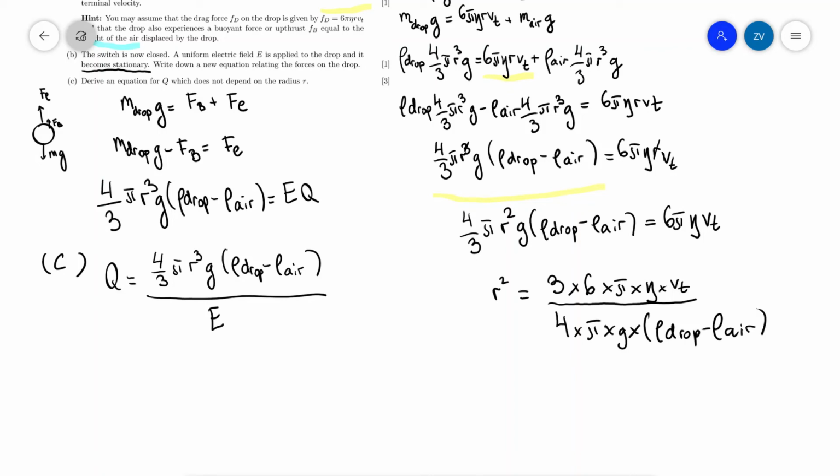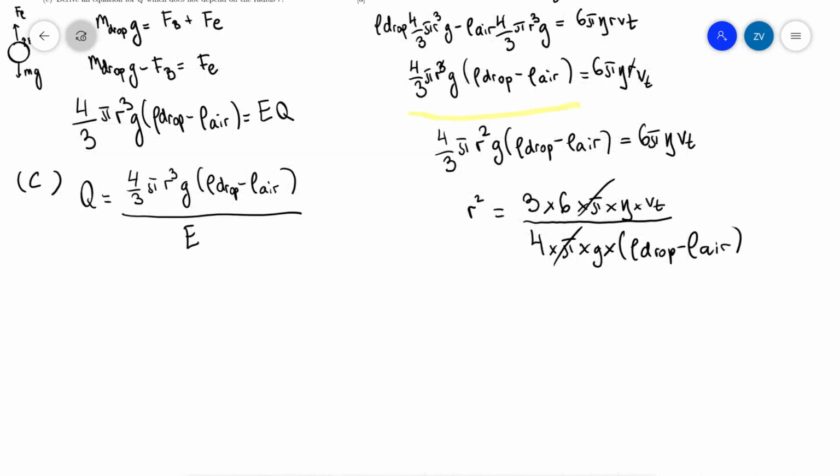Okay, now we can cancel all the pi's, be gone pi's. We can do some cancellations over here. For instance, this here will become a 2 and this here will become a 3.